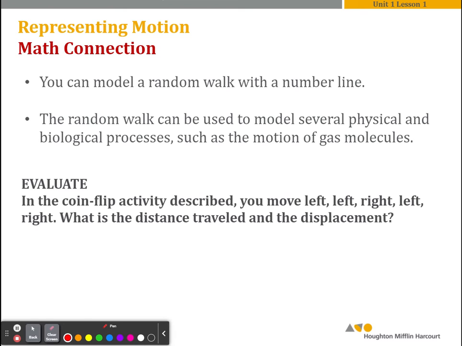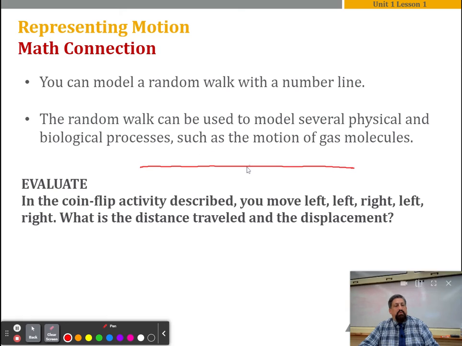If we look at it on a number line, let's draw a number line. Okay, here's a number line. Here's the origin. If you moved left, and then you moved left again, and then you moved right, and then you moved back left, and then you moved back right, then you would end up right here.